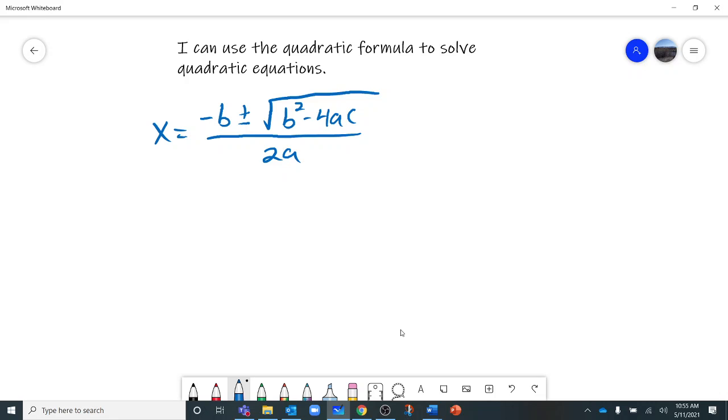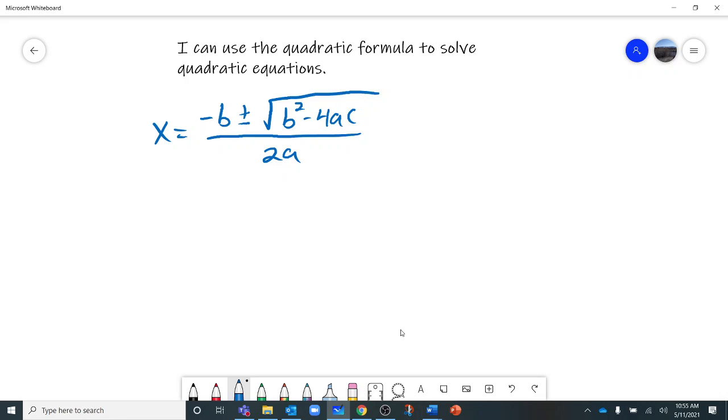But we actually get this formula from completing the square. If you take the letters in standard form and complete the square and then solve for x, this is what you would get. So this is just the simplified, finalized version of completing the square for any quadratic equation.